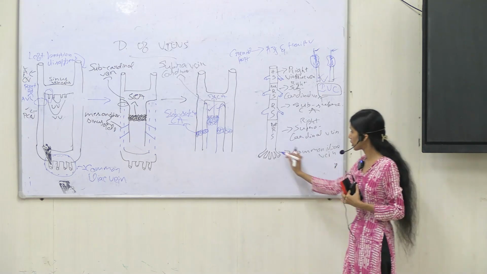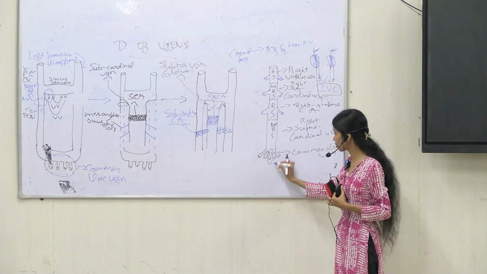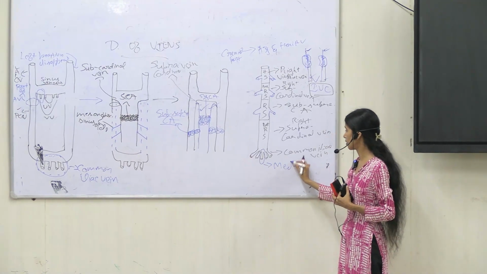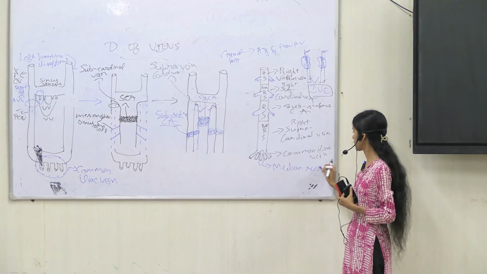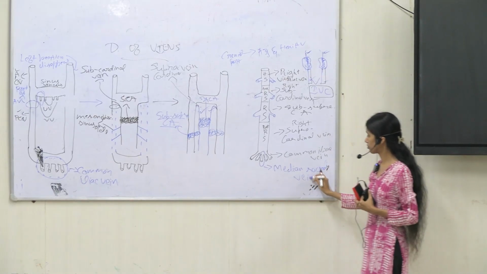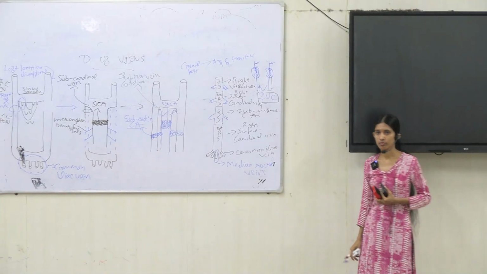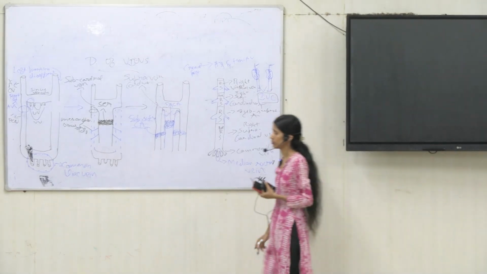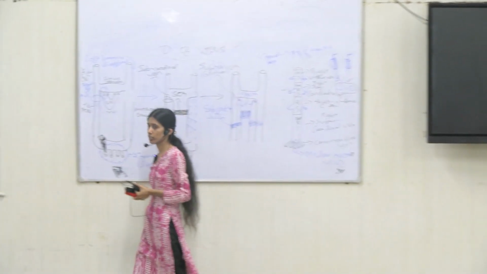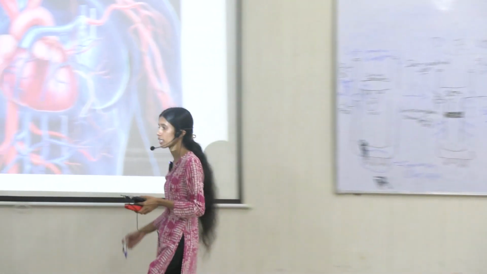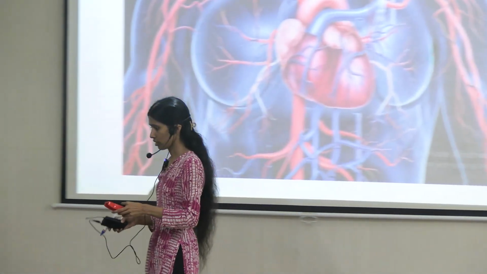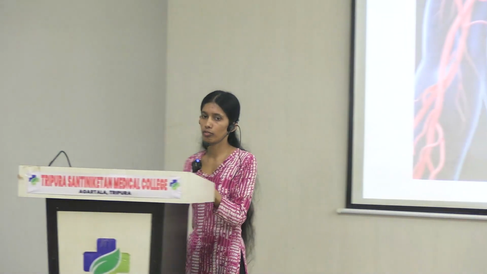Particularly this middle one is your median sacral vein. This is how the development of your inferior vena cava and the tributaries of the inferior vena cava takes place.